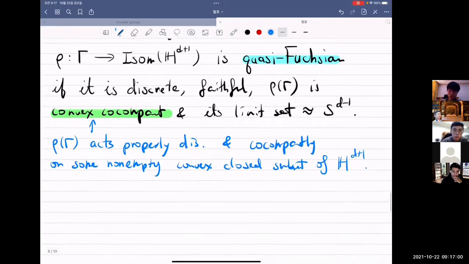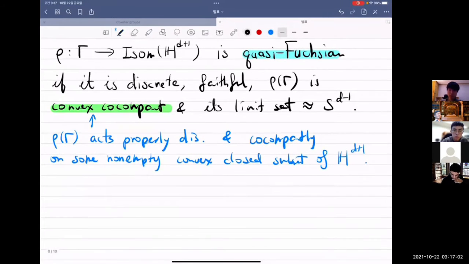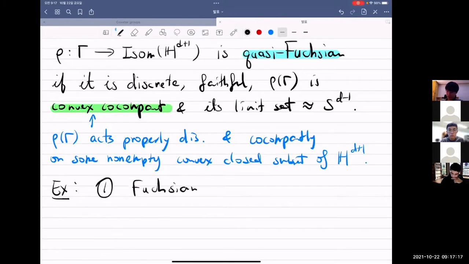Let's give examples for this Cauchy-Fuchsian group. The first example, as you already guessed, is the Fuchsian representation.